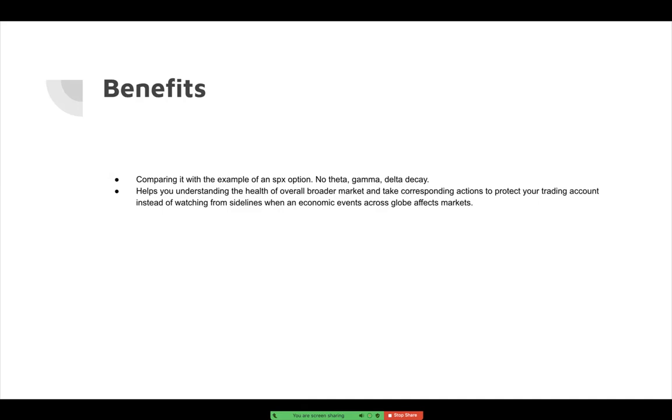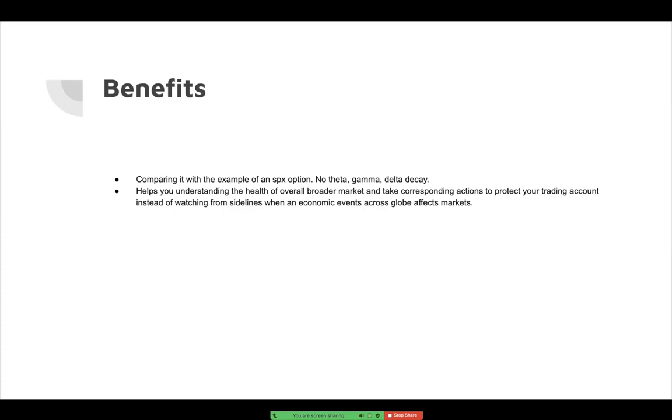Then it helps you understand the overall health of the broader market. People on YouTube and several social media keep saying the market is going to crash, but how the market is going to crash is what this instrument can tell you, like when the price is getting rejected or when price starts to roll down.